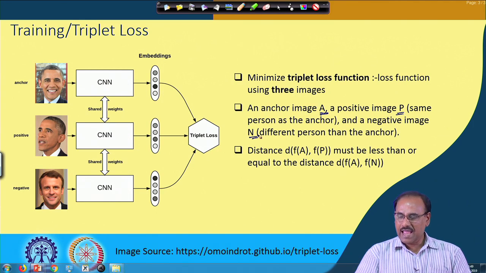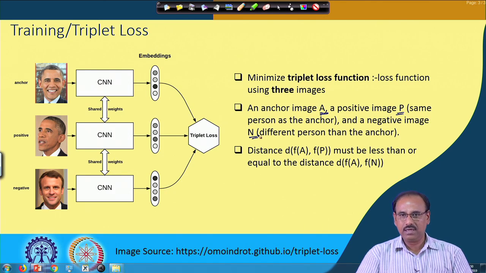Then, once I have this, I compute the distance between f(A) and f(P), where f(A) is the embedding of the anchor image A, f(P) is the embedding of the positive image P, that is A and P are from the same person, and f(N) is the embedding of the negative image, that is an image of not the same person.